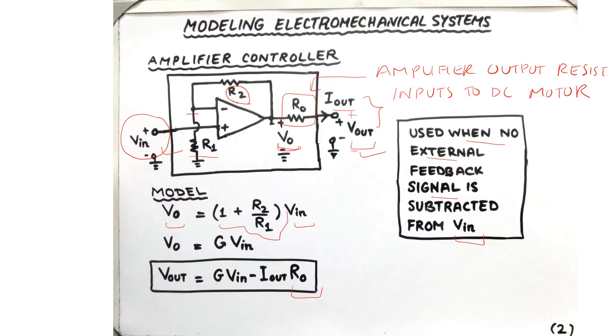We can call this quantity the gain, G. And this gain is multiplied by the input voltage to give us the voltage at the output of the amplifier, and subtracting I out times R naught, that is the voltage drop across the amplifier output resistance. If that is subtracted from V naught, we're going to get V out.